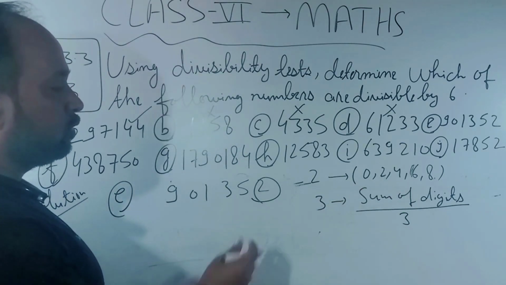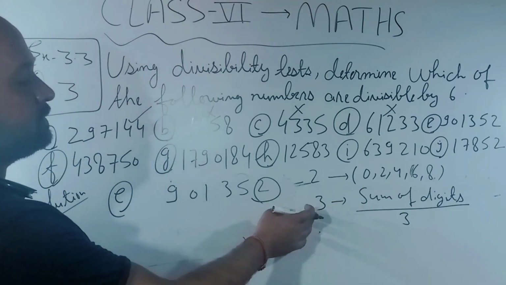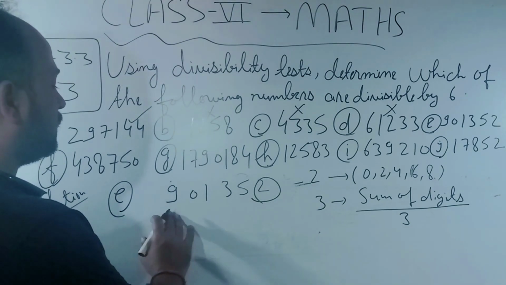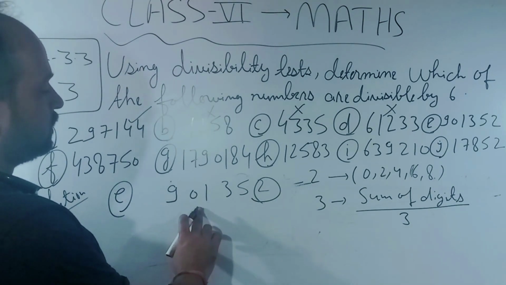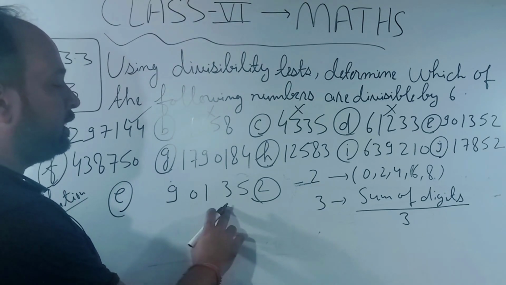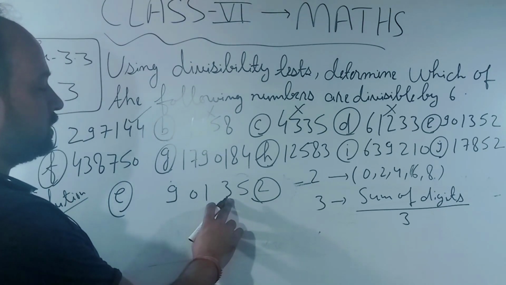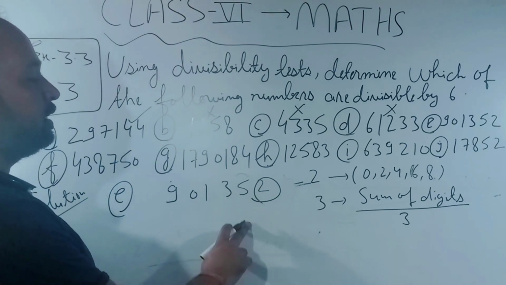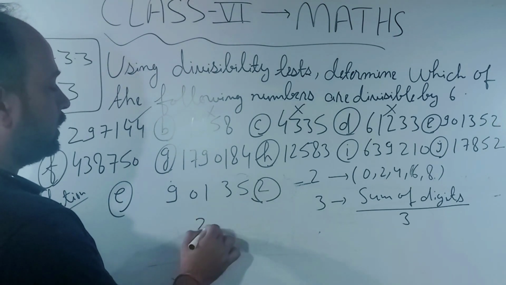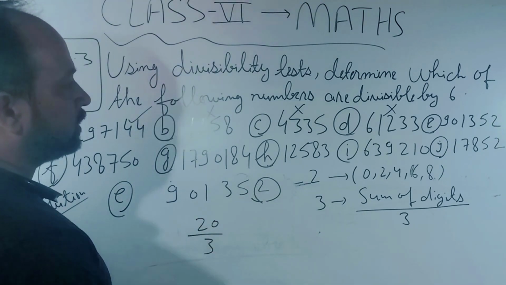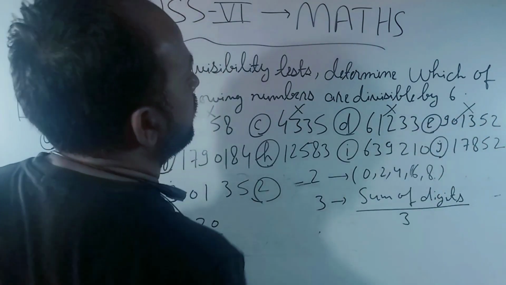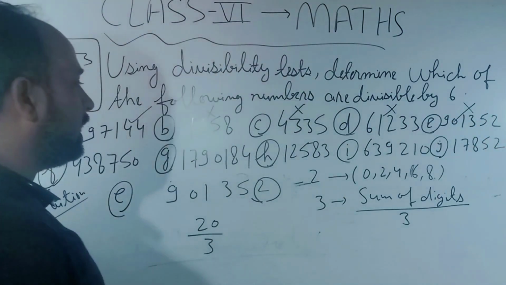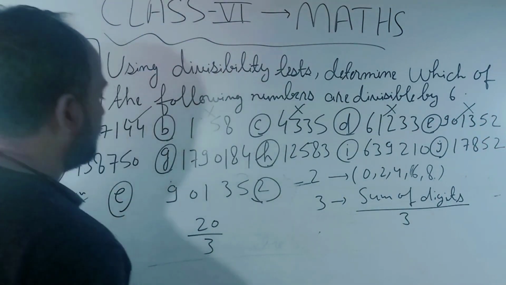Yes, now we will go to the next step, which means we will check by 3. So add all the digits. 9 plus 0 is 9, 9 plus 1 is 10, 10 plus 3 is 13, 13 plus 5 is 18, 18 plus 2 is 20, and 20 cannot be divided by 3, so we will say this number will not be divisible by 6.